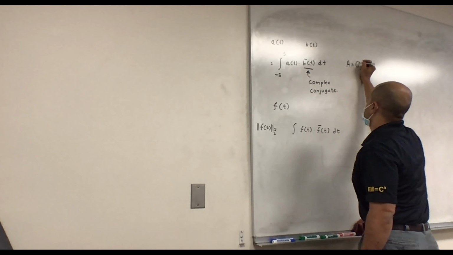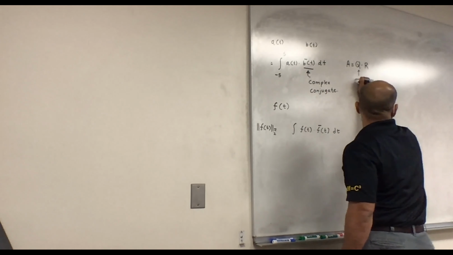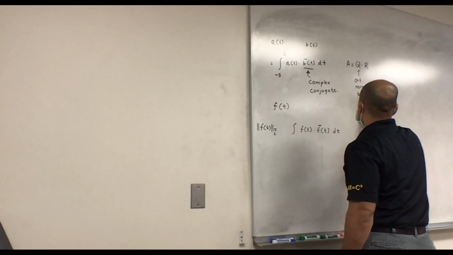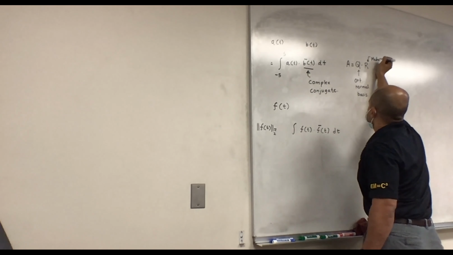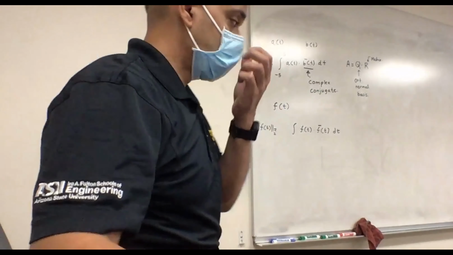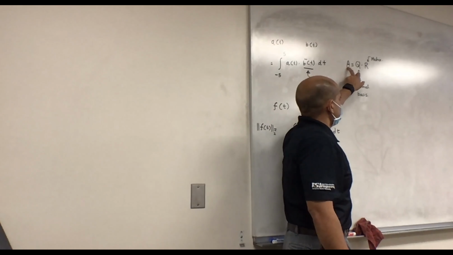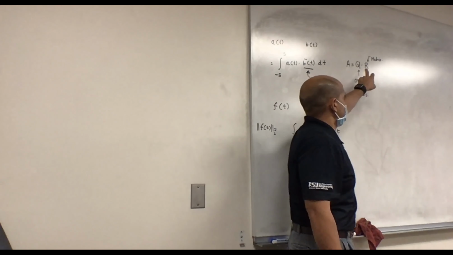A is equal to QR, where Q is an orthonormal basis, and R is the matrix, in other words, the scaling matrix. So to represent a matrix, it's easier to decompose it when we have an orthonormal basis multiplied by some weights.